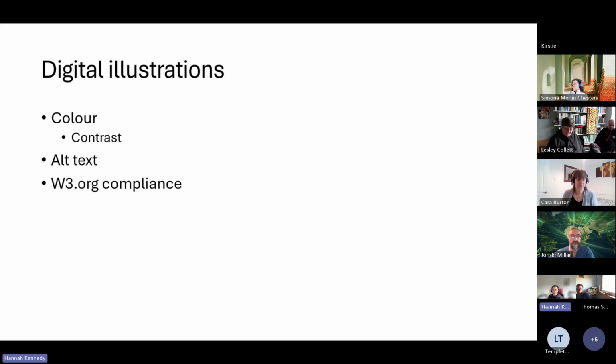Digital illustrations: a lot of what we've talked about already applies to these, but the addition with digital illustrations is that if they are being presented on the World Wide Web, then ideally you'd want them to adhere to the w3.org accessibility standards of compliance. I've got the links for this in the back, which I will share.